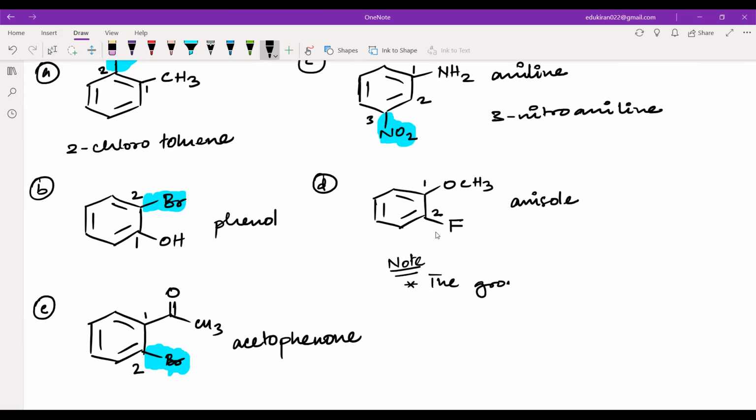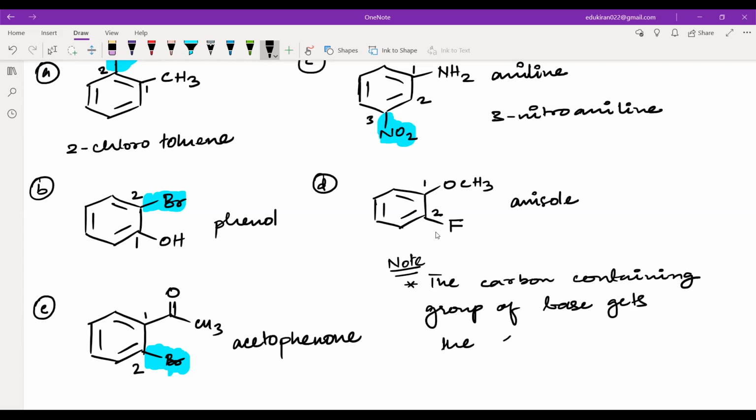The carbon containing the group of the base gets the number or position.